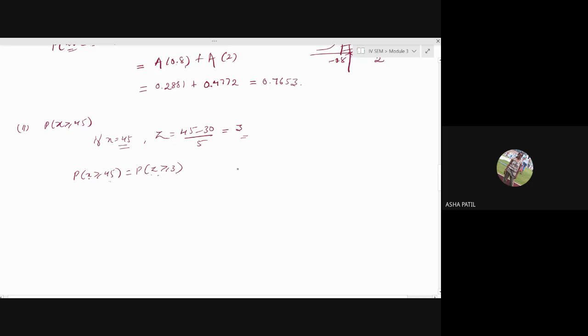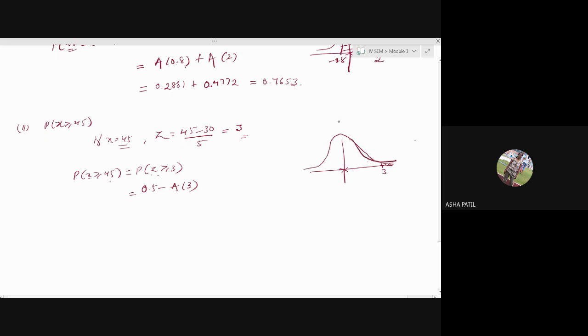Greater than or equal to 3 is this shaded part. We'll take the total area on the right side, 0.5, minus the area from 0 to 3.